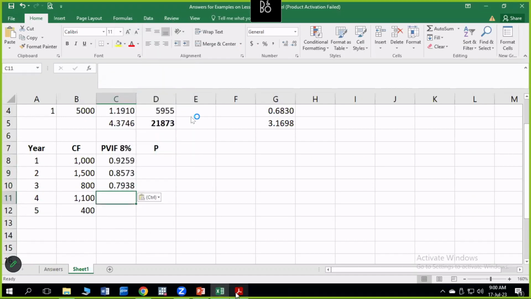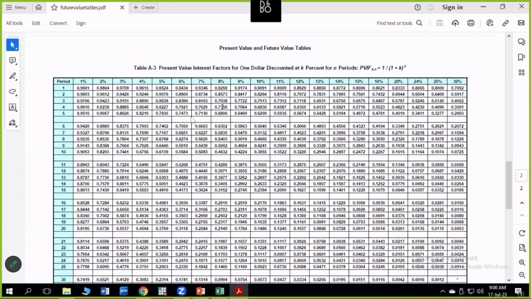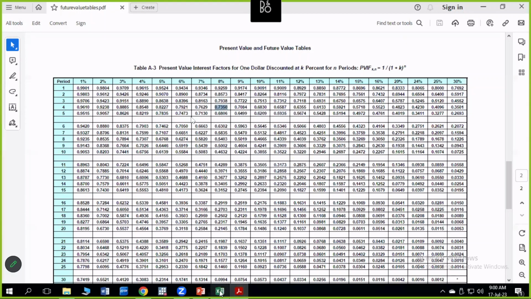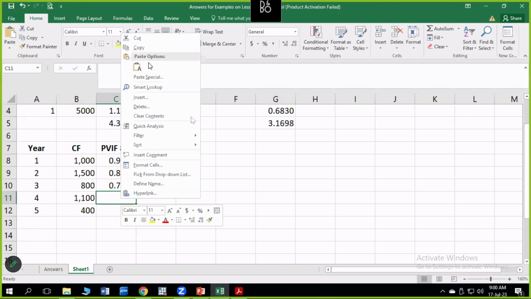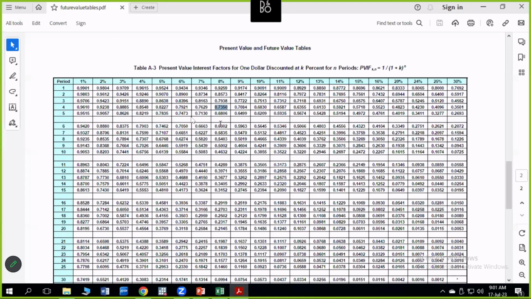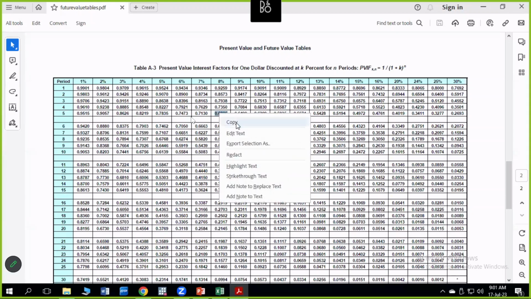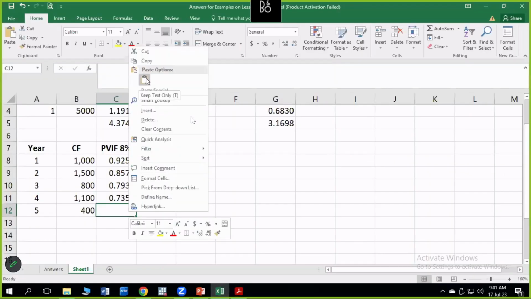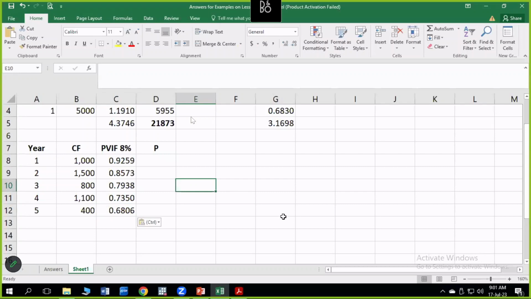Then the fourth year factor is 0.7350. Then the fifth year, 0.6806. So you can obtain these factors from the table.